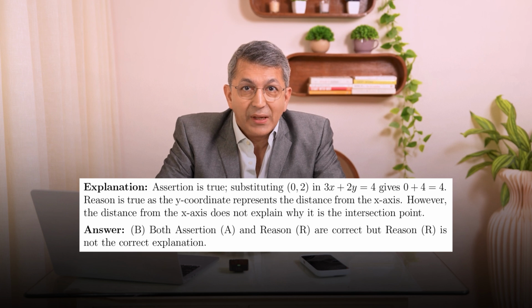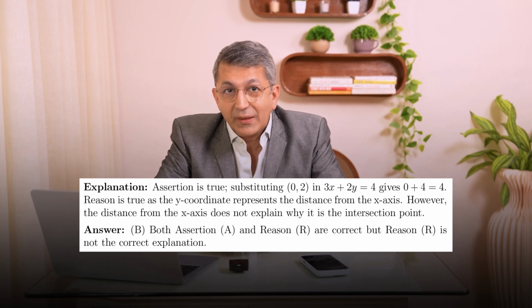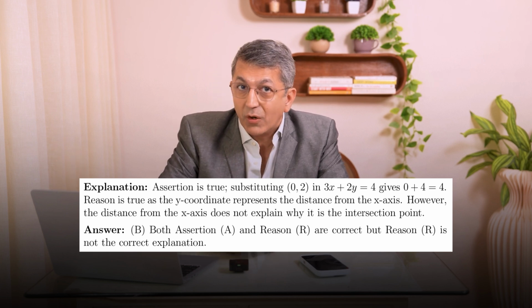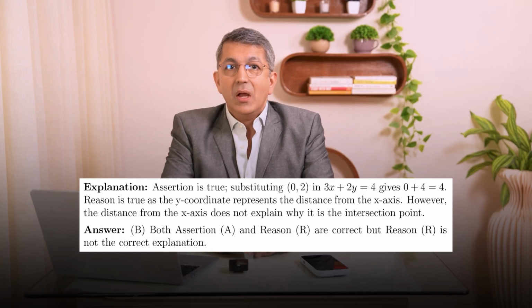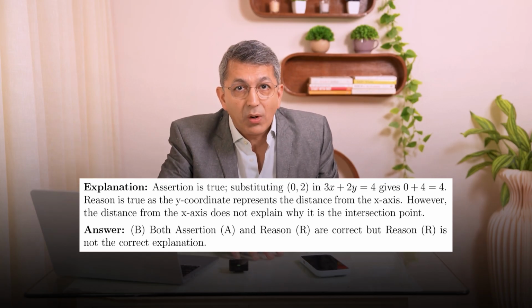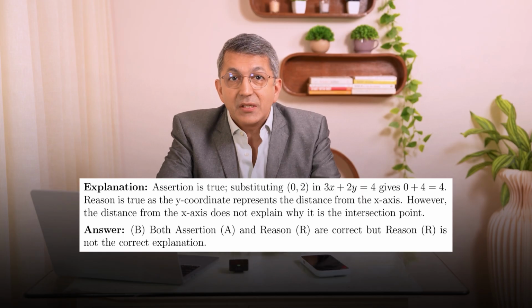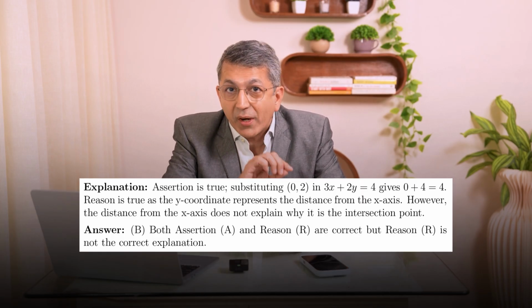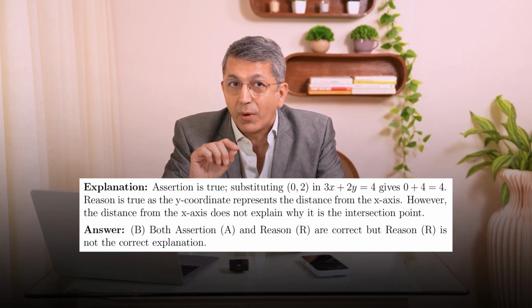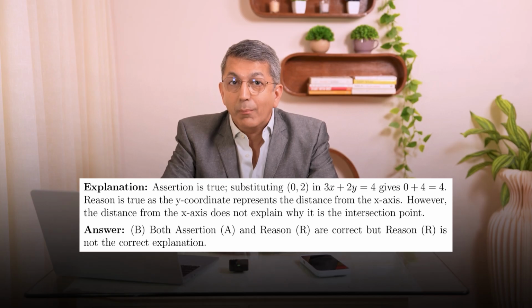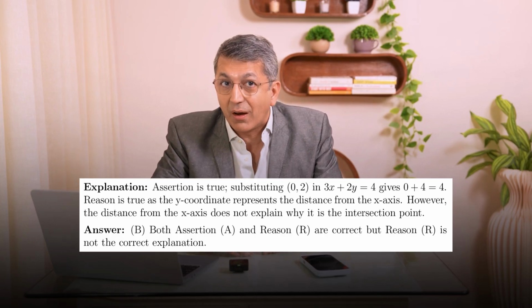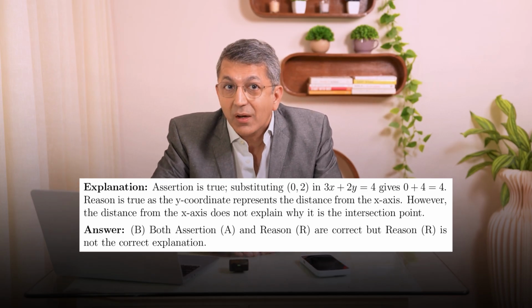Substituting (0, 2) in 3x plus 2y is equal to 4 gives 0 plus 4 is equal to 4. Reason is true as the y-coordinate represents the distance from the x-axis. However, the distance from the x-axis does not explain why it is the intersection point. Answer B. Both assertion A and reason R are correct, but reason R is not the correct explanation.